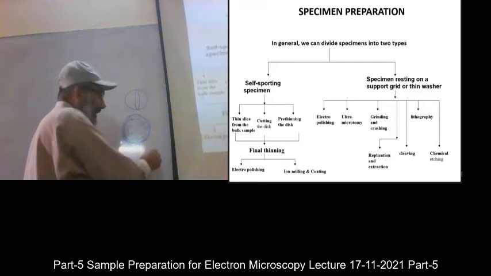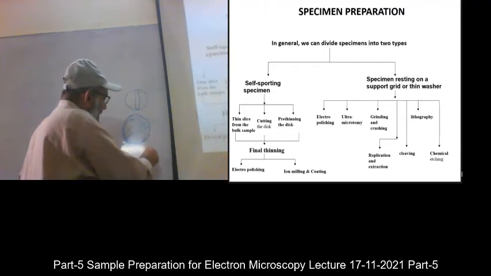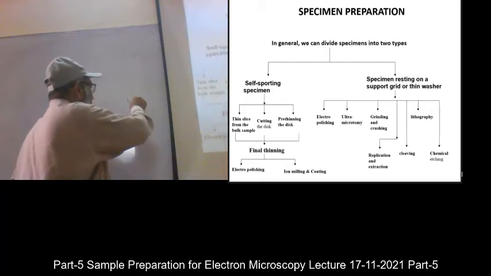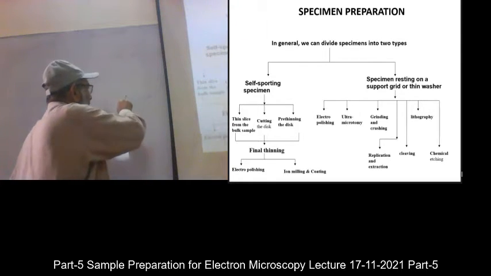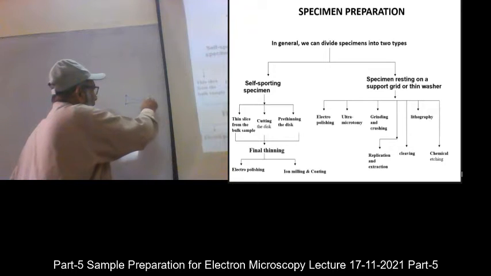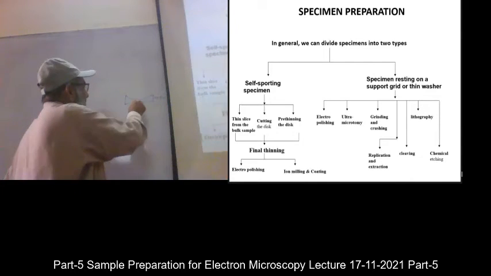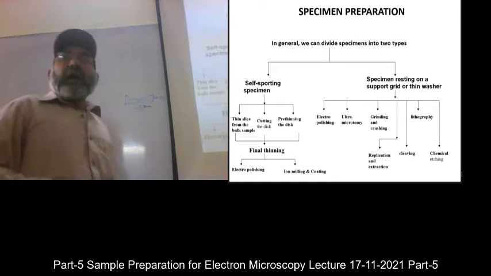So you dimple this area. So if it was 100 micron from here to here, then this is about 25 micrometer or less.